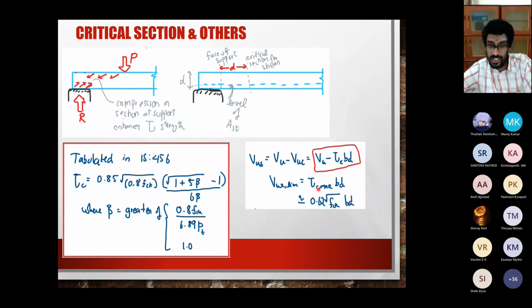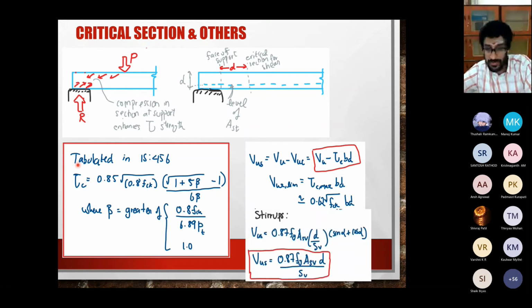So this tau c max is the upper limit placed on tau c. Meaning that for any given grade of concrete and any given percentage of steel, the strength of the beam has an upper limitation. The reason for the upper limitation is the same reason which I told before, it is for shear compression. Okay, if shear compression happens, then steel reinforcement is not going to help you.